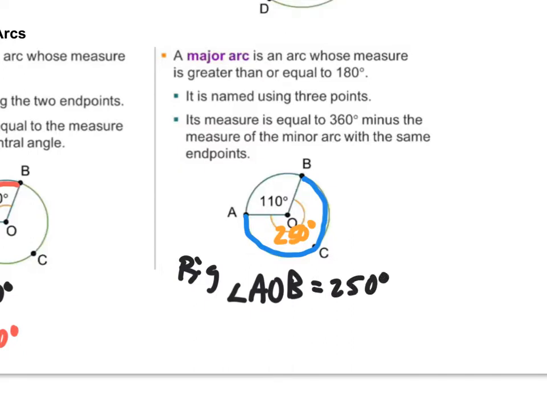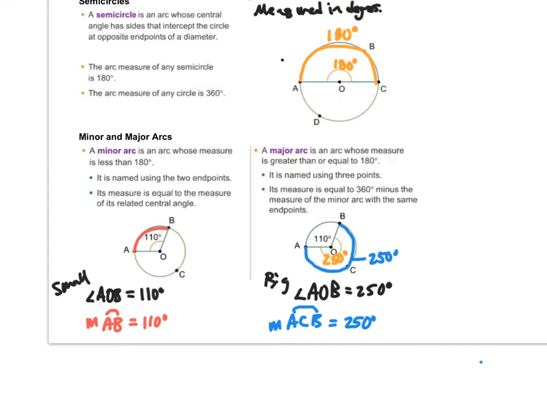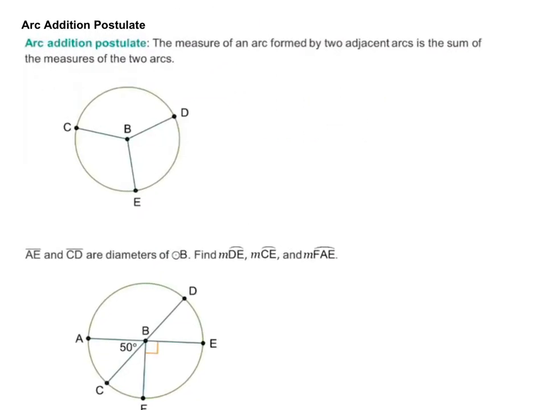If I wanted to measure my arc, I would say the measure of arc ACB, because C is a point that's included on that arc, and I put my arc symbol over the A and the B to show that I'm talking about an arc. The measure of that arc is equal to 250 degrees. You get the same thing. So it's just two different ways that we can talk about those arcs. All right, now let's move on to the next page. We have this thing called the Arc Addition Postulate.